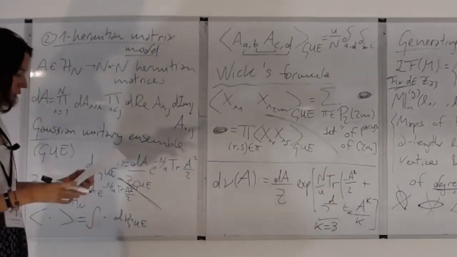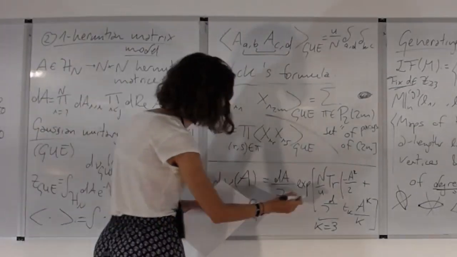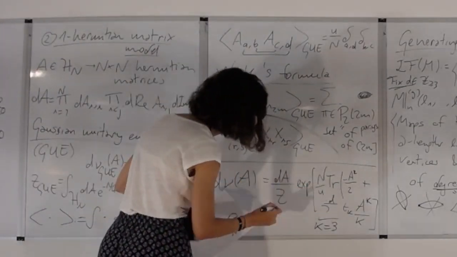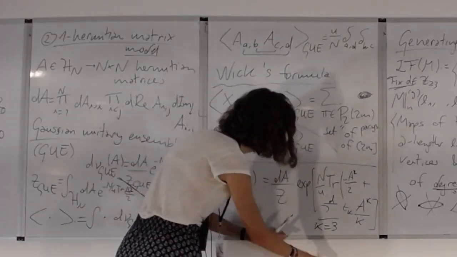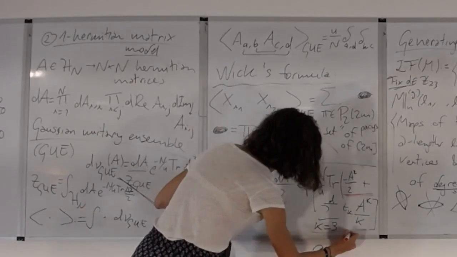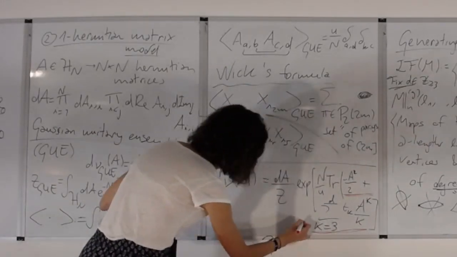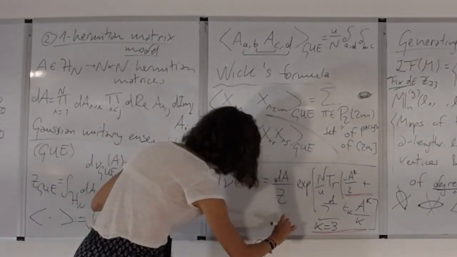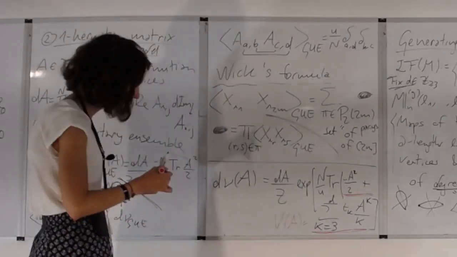And the whole thing inside the trace is what we call the potential of the matrix model. We just call it V.